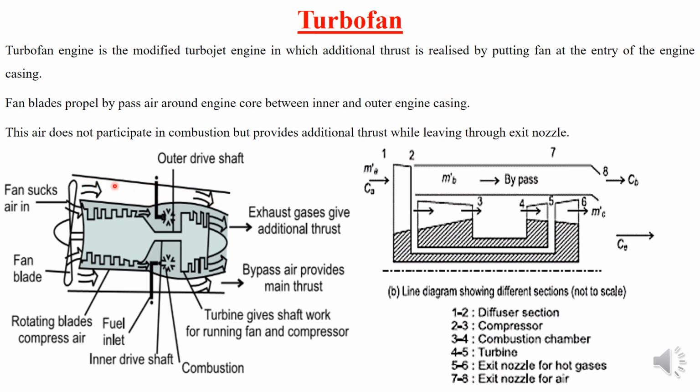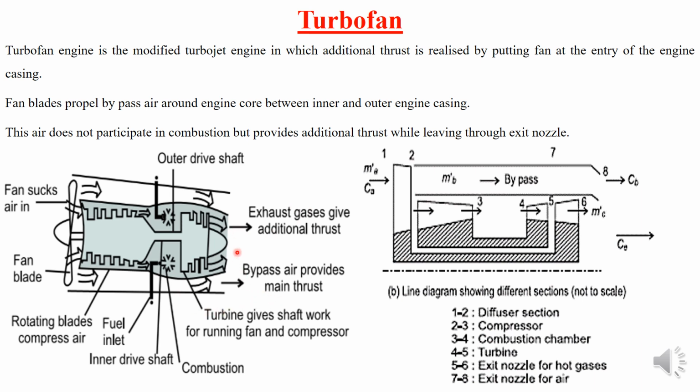So this high pressure air will join the exhaust pressure. That means to get more thrust, this fan is used. Along with the exhaust velocity, we have one more velocity, that is the air velocity.